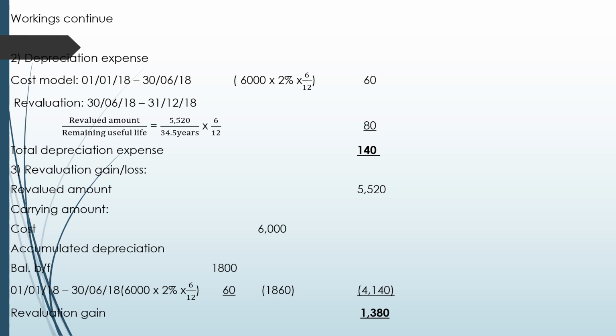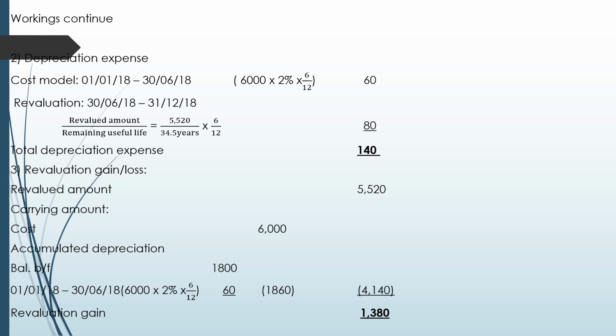Once we've been able to ascertain our remaining useful life, we can comfortably continue to calculate our depreciation expense. Under the cost model, from 1st January to 30th June, it is 2% on a straight line basis. It is 2% by the 6,000, which gives us 120.